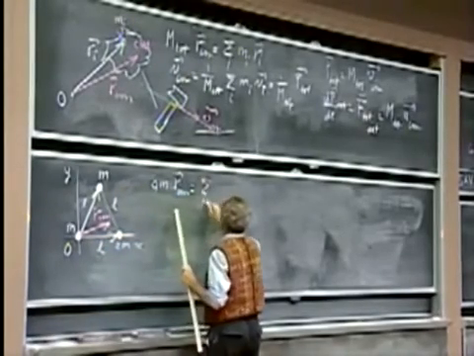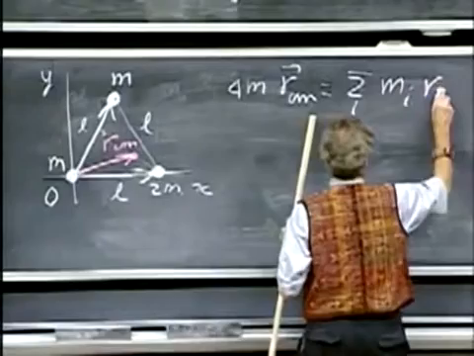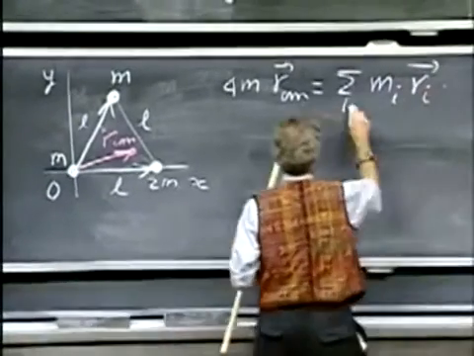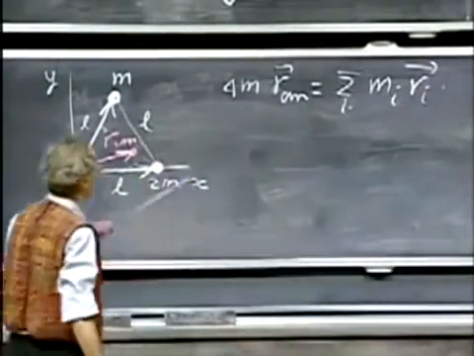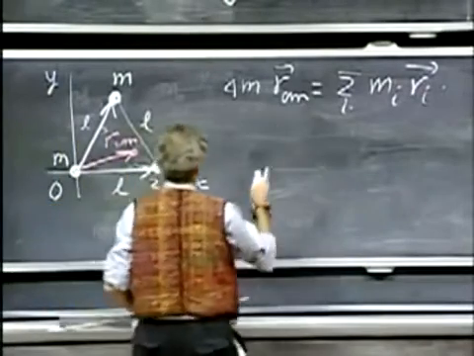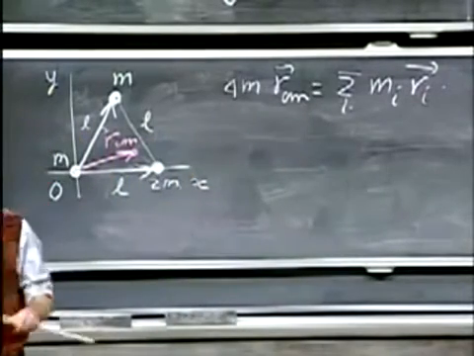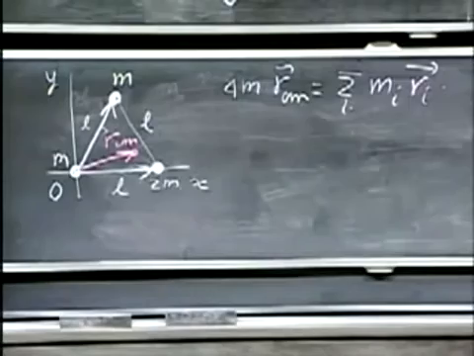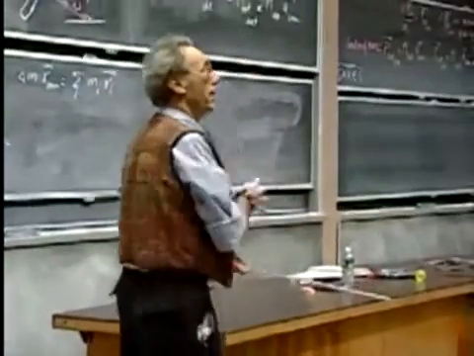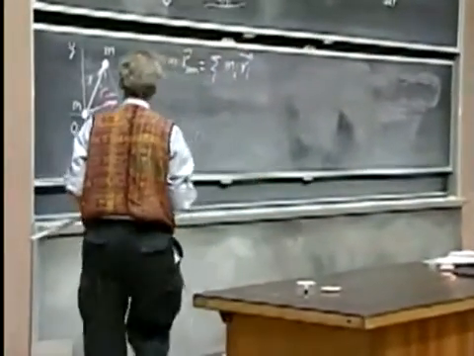So it is the sum over i of m_i times r_i. And this i goes from 1 to 3. Now, this is a vectorial equation, and whenever we have a vectorial equation, it sometimes pays off to split it into 2 components, a y and an x component.